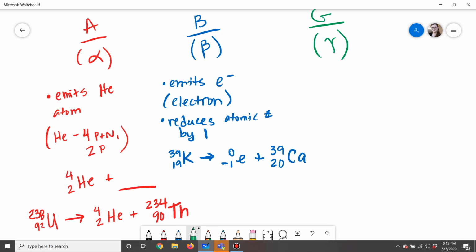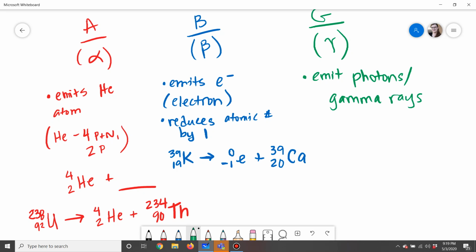Now, gamma decay goes even further in emitting pretty much a massless subatomic particle. These emit photons. And as you should have read in that Khan Academy article, they're pretty much the highest form of energy as far as nuclear decay goes.